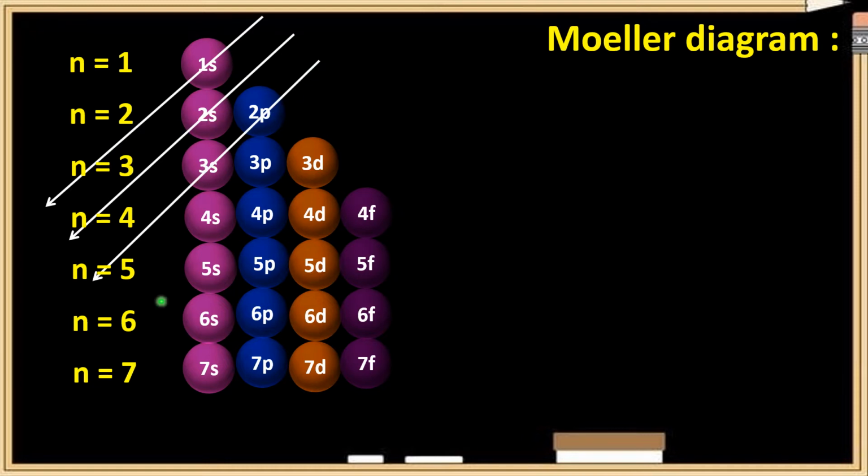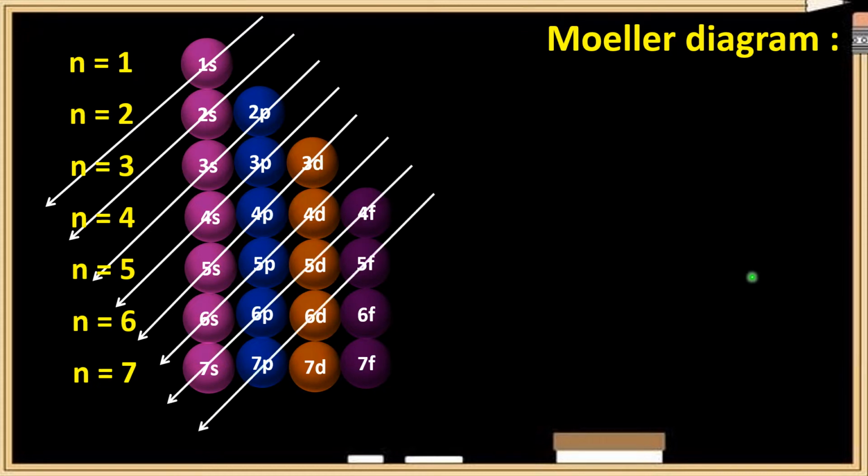Let us draw one more arrow parallel to this, and this arrow is passing through 3p and 4s. Next, it is passing through 3d, 4p, 5s like this.